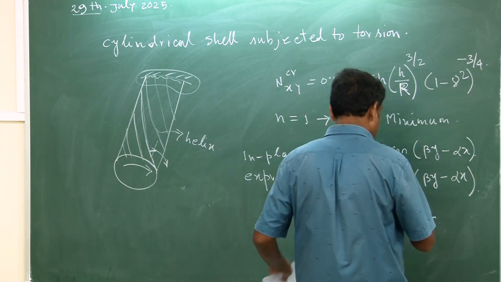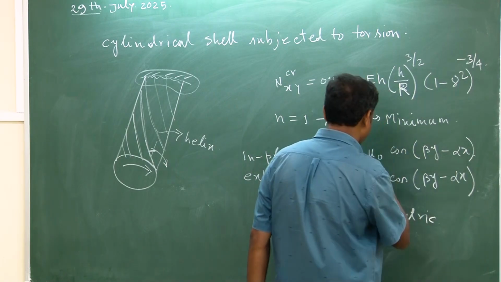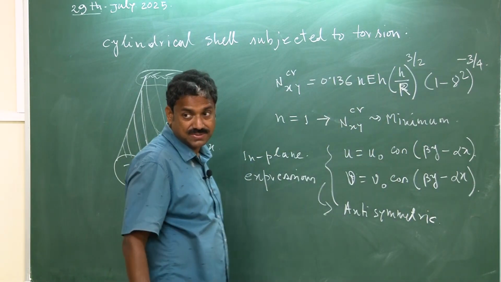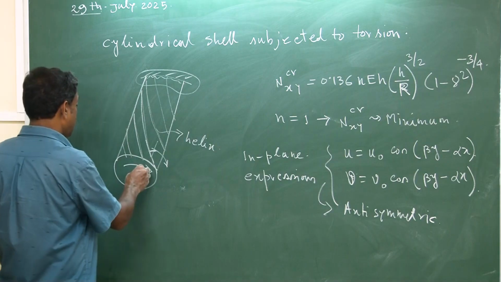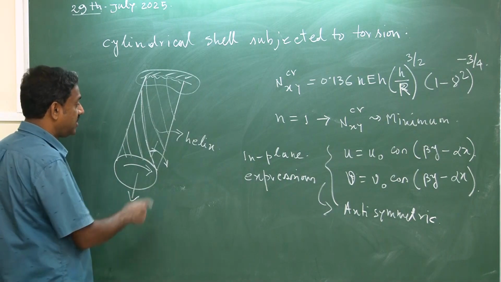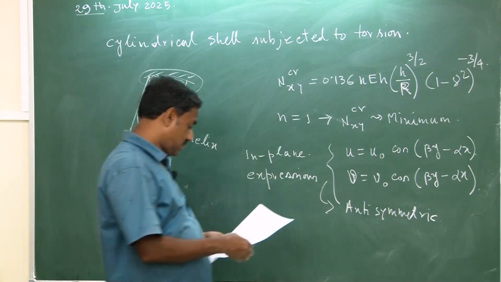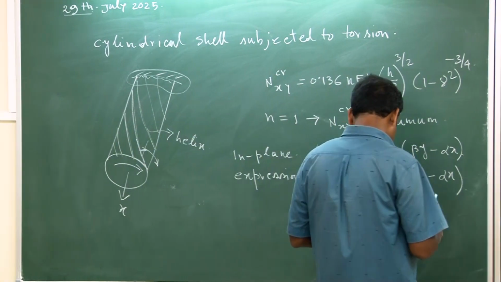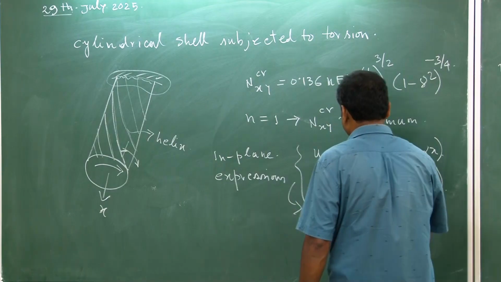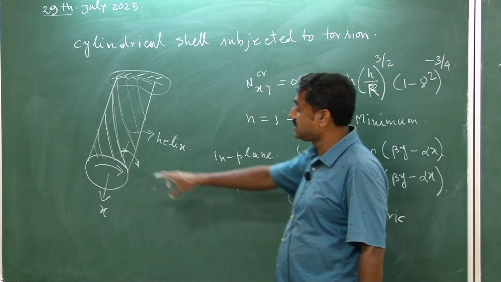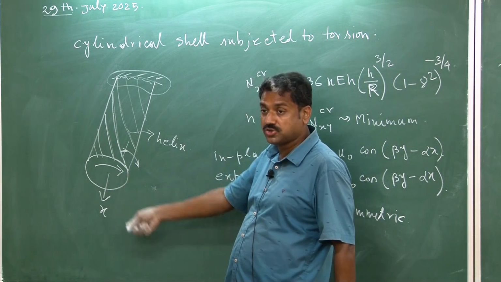Antisymmetric distribution of axial displacement, and u and v are basically axial displacement. Axial displacement means x, y, z. So, these are all w, right, and x, y. So, all this cross section is permitted to rotate with respect to the longitudinal axis.